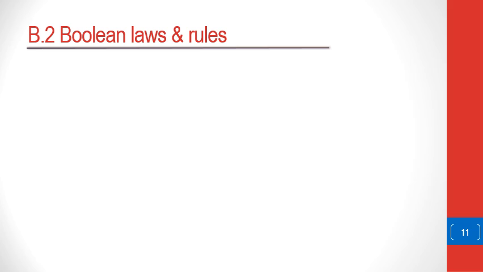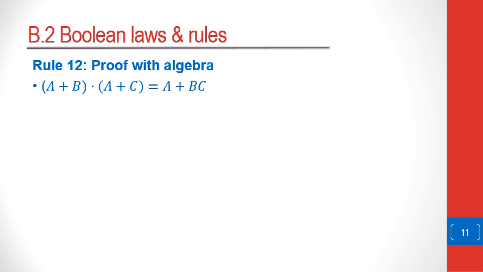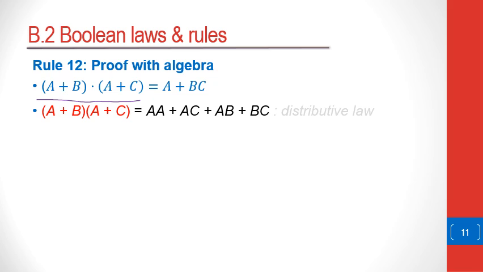As already explained, the next best way of proving rule 12 is to use Boolean algebra. So this time around, beginning from the left-hand side, we can use the distributive law to break the brackets, and this gives us A multiplied by A plus AC plus AB plus BC.